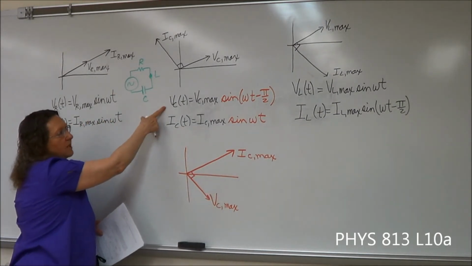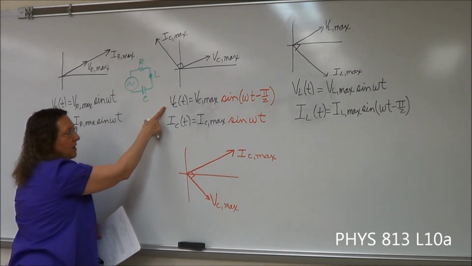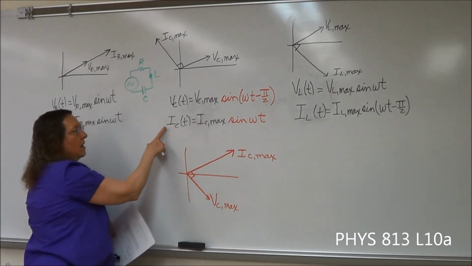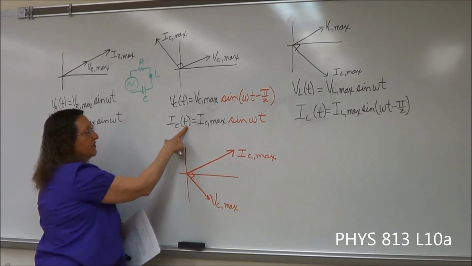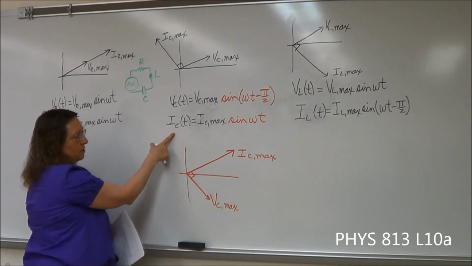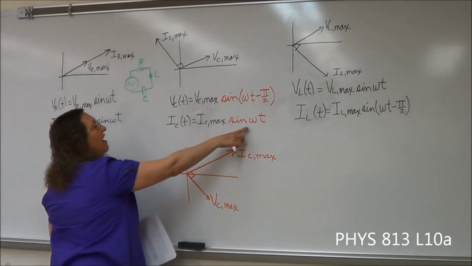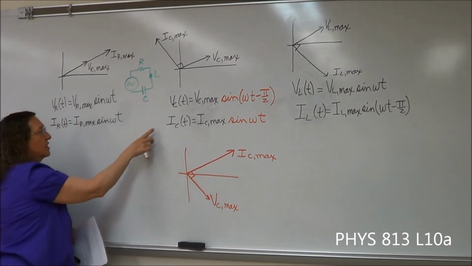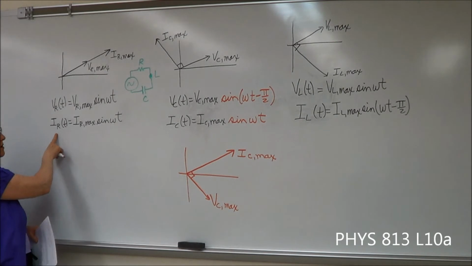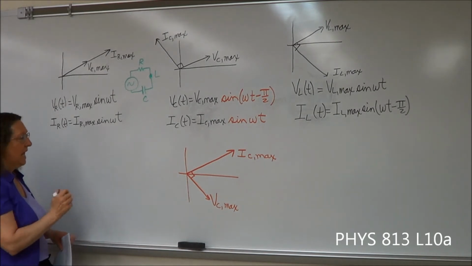So this should be the voltage equation as a function of time across the capacitor. This will be the current equation as a function of time across the capacitor. So we have the same form for the current for the capacitor as we have for the current for the resistor.